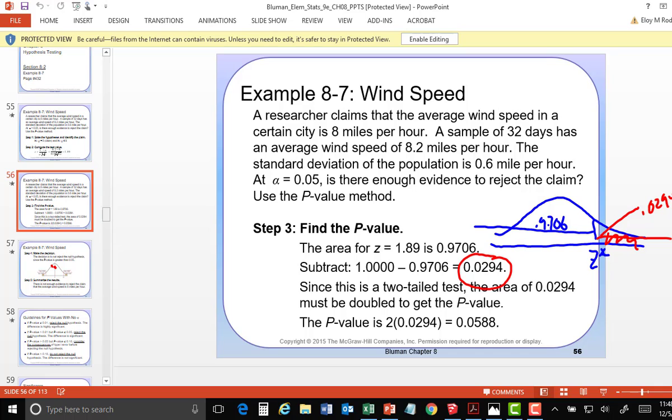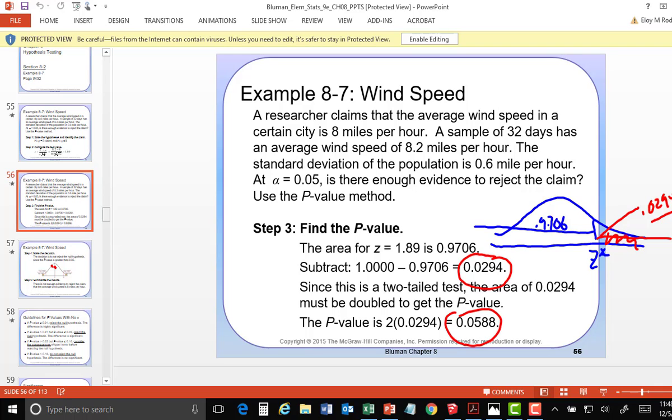Because it's two tails, you're going to take twice this area. This will only be the case for two-tailed, and it came out to 0.0588. So all you have to do now is compare this value to the alpha value. What they're saying our alpha value was, 0.05, and ask which one is bigger.